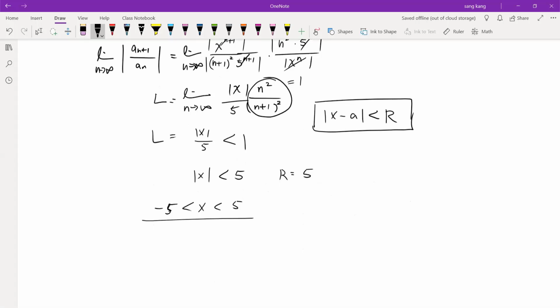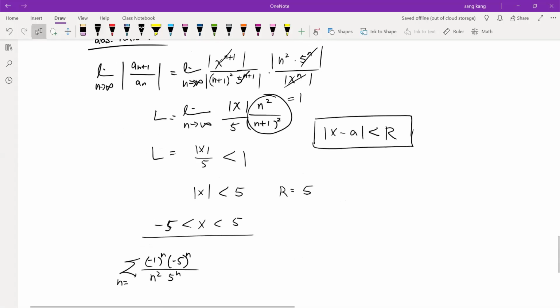So let's try plugging in -5. We'll have the sum from n equals 1 to infinity of (-1)^n times (-5)^n over n squared times 5^n.